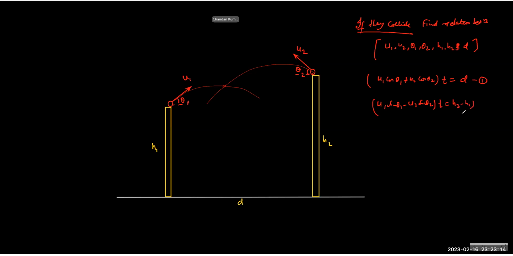Correct. Now we can take t from any of the equations and substitute in another. So we'll get the relation. So your answer was 2 minus 1, right? Yes, I made a mistake. But that is okay, because you have to understand from the diagram here. Understood. Okay.